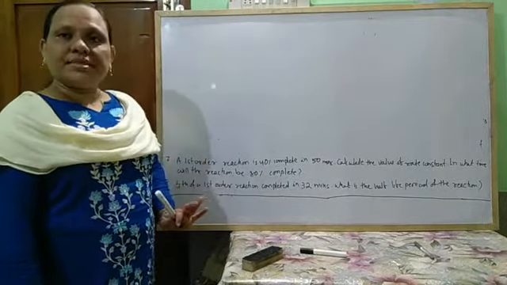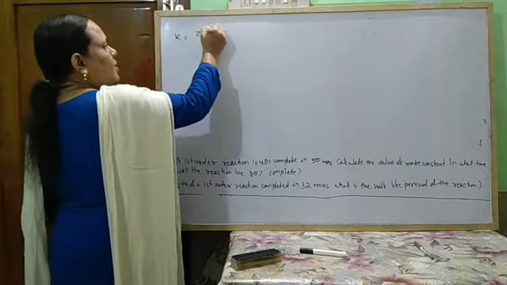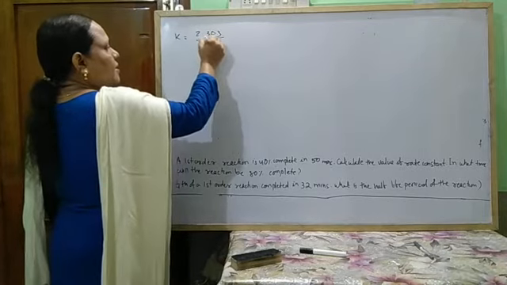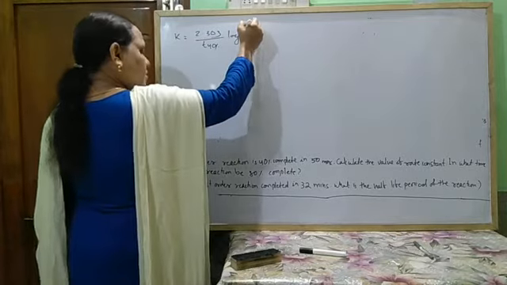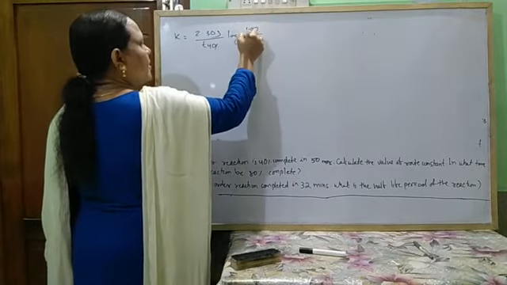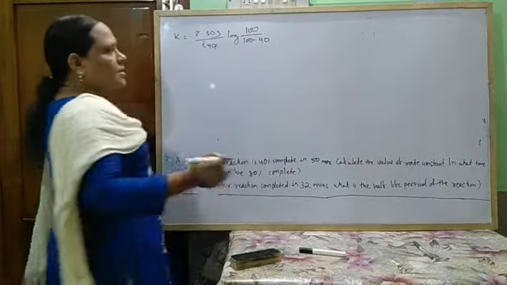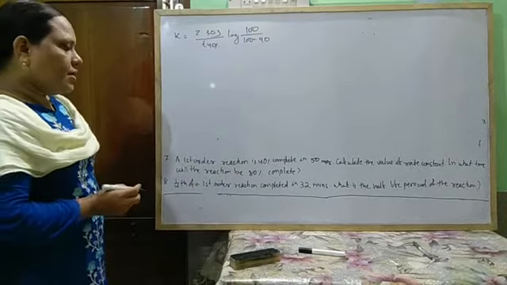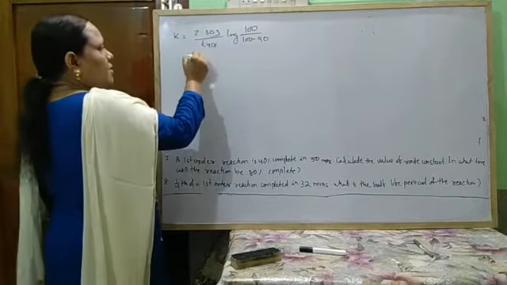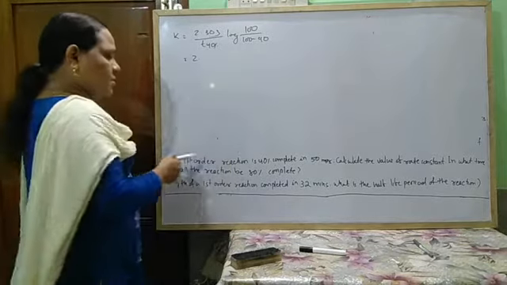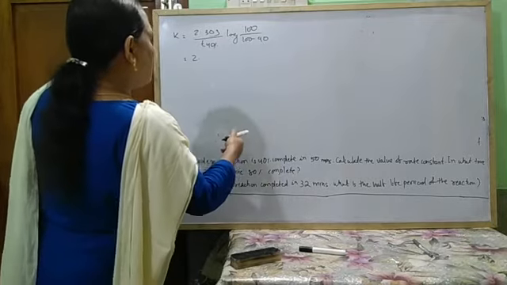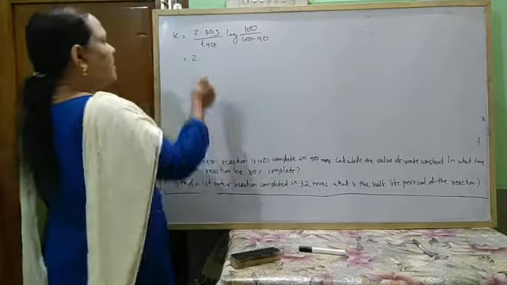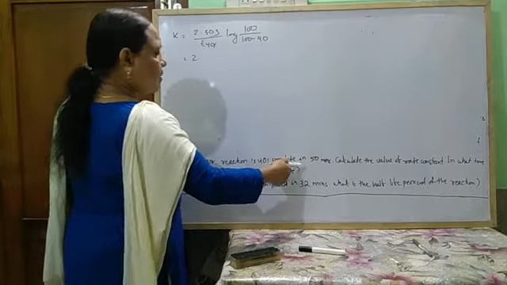First, K equals 2.303/T(40%) × log 100/(100 − 40). The reaction is 40% completed in 50 minutes, so this time is given as 50 minutes.